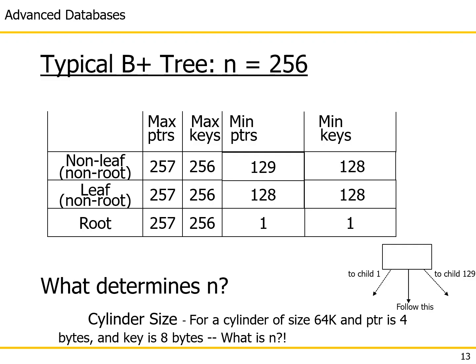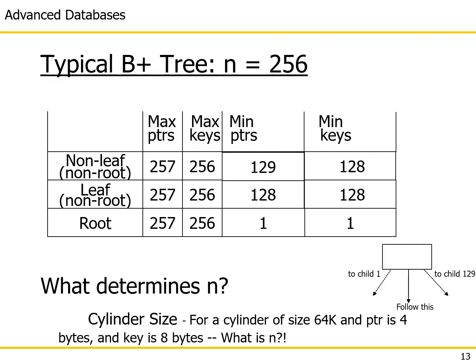Now if you look at this, and I'm telling you this is the typical size of n, which is 256. So you have at most 256 keys in a node. That's a lot, because in that node you will have at minimum 128 keys in the non-leaf level and 129 references, or 129 children for that node.